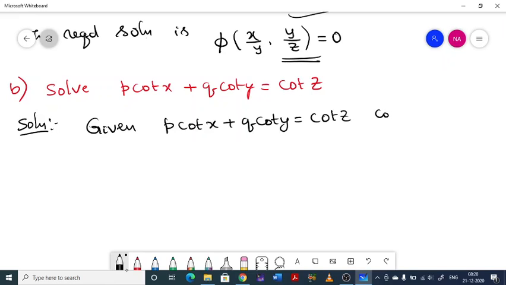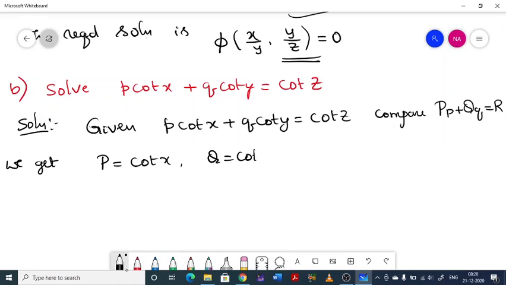Now I have to compare with capital P p plus capital Q q equal to capital R. So we get capital P equal to cot x, capital Q equal to cot y, capital R equal to cot z.